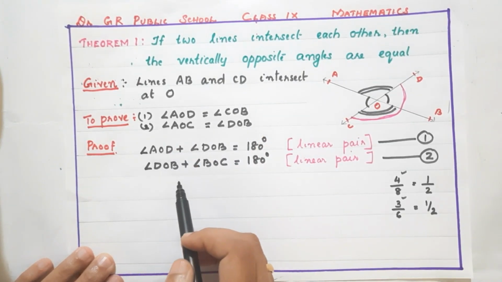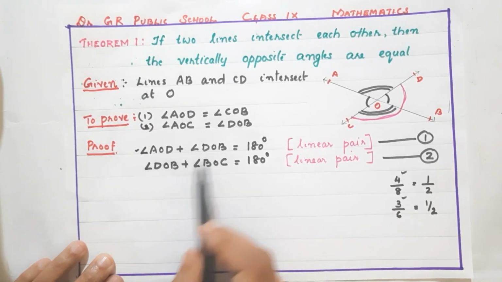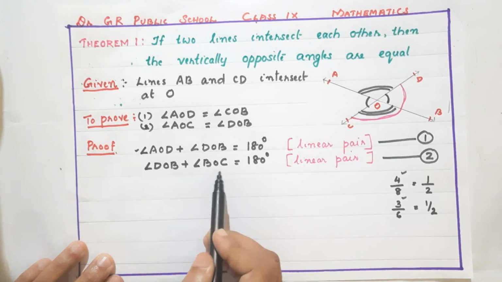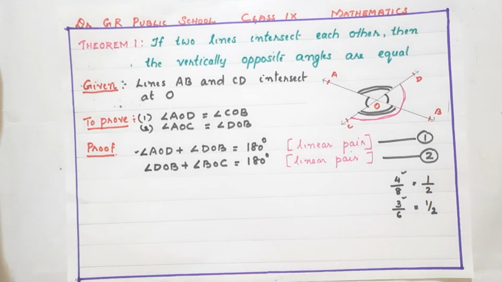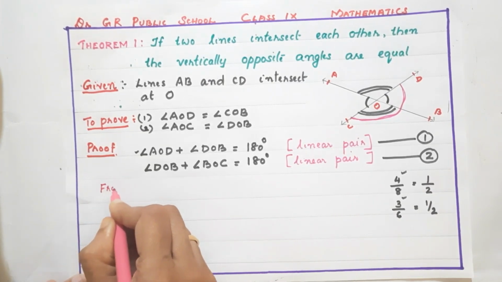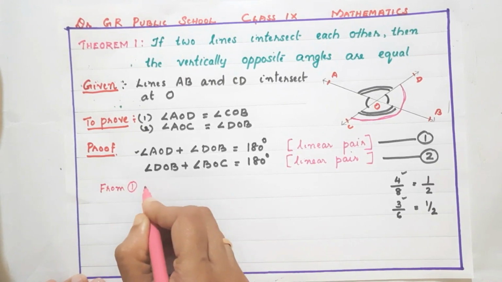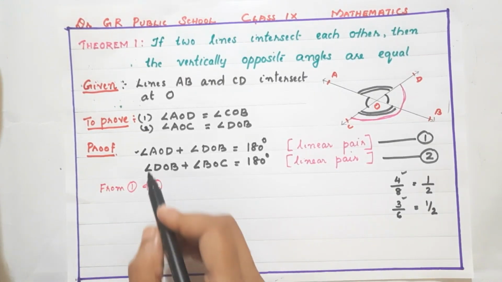So what can we say? The LHS of the first equation is equal to the LHS of the second equation. So we are writing from these two equations, from equation 1 and equation 2, what can we write?